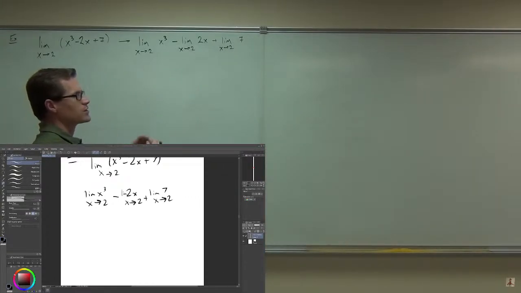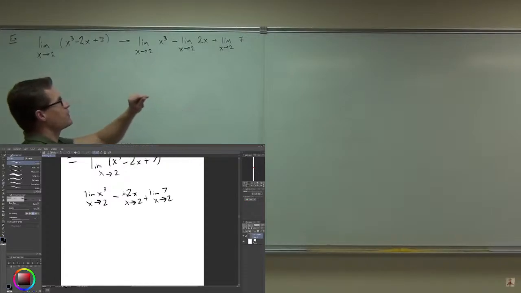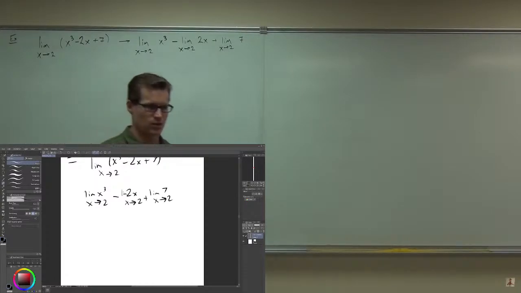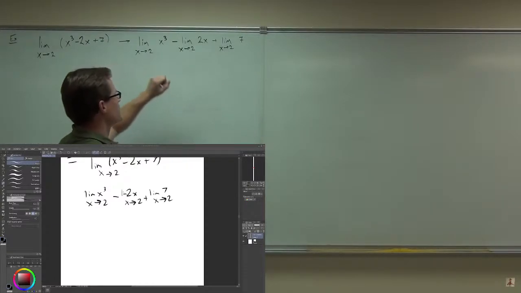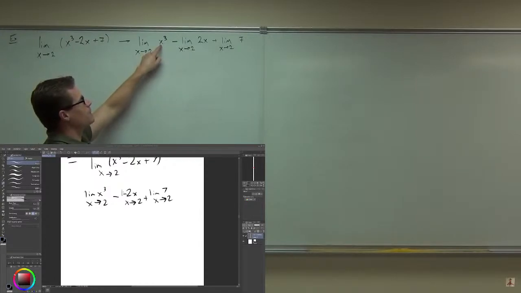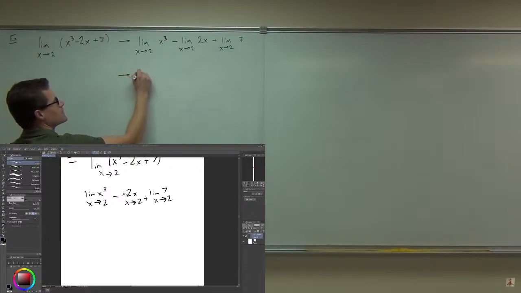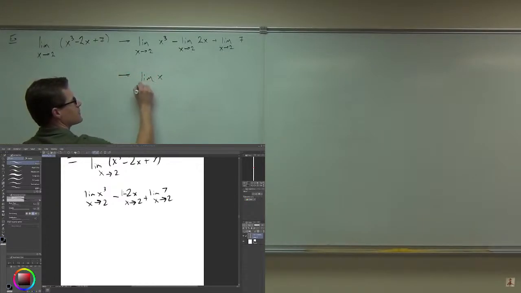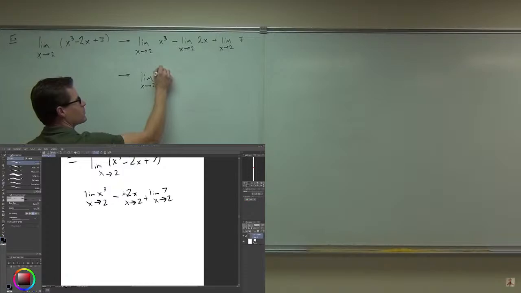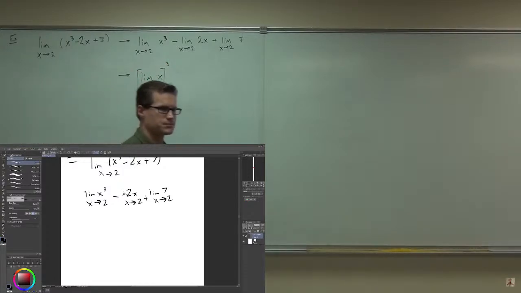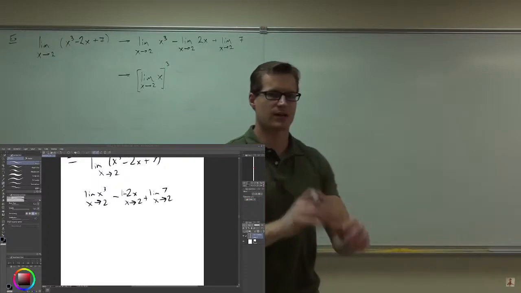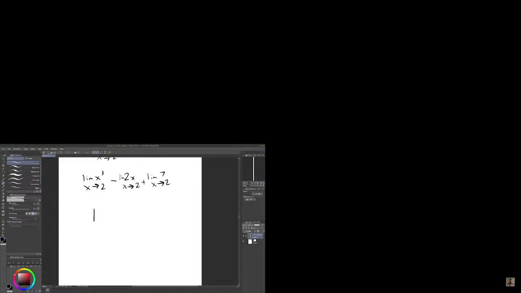Now, let's use those other rules. One other rule, property 5, says that anytime you have a function to a power, I can take the limit of just that function and raise it to the power later. That means I can take the limit of x and then cube whatever that happens to be.